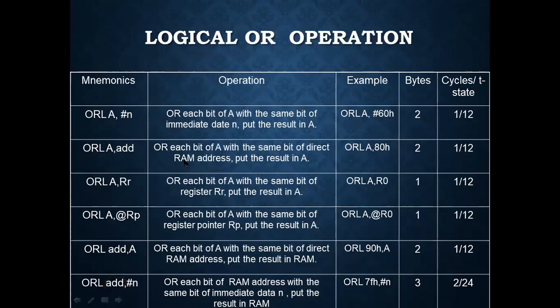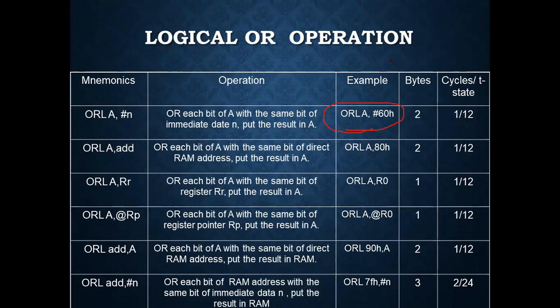Now the logical OR operation, the same operation is going on. That is OR with the immediate data, and the result will be stored into the A register. Again, this is the bitwise OR. In case of this particular example, 60 will be converted into its equivalent binary form, and the content of the A register will also be converted into its equivalent binary form, and they will be bitwise ORed, and the result will be stored into the A register.